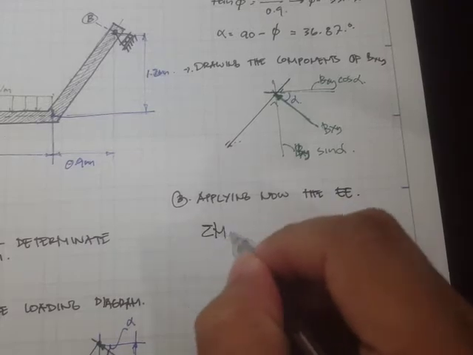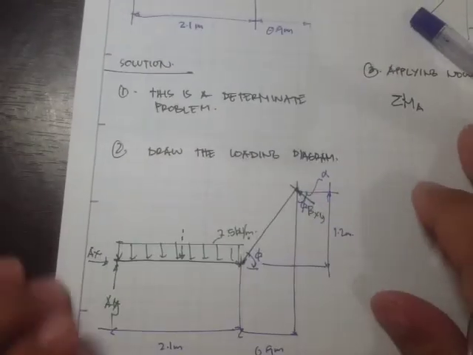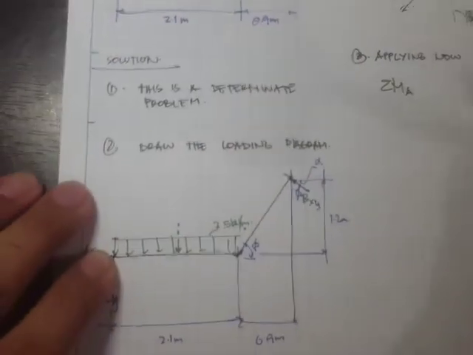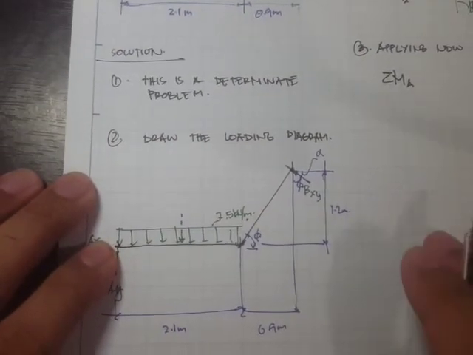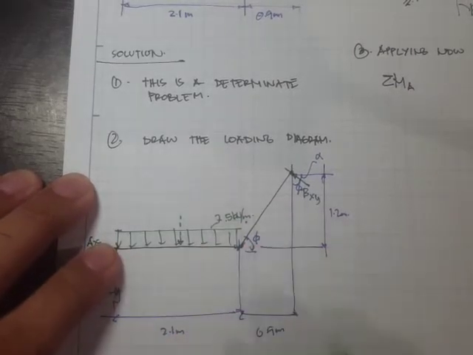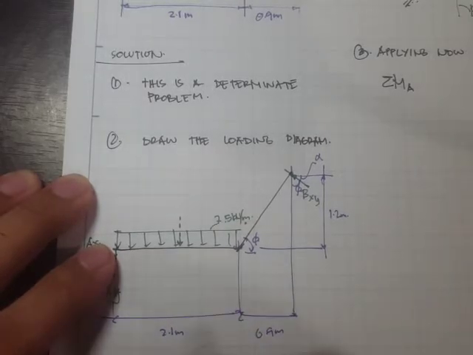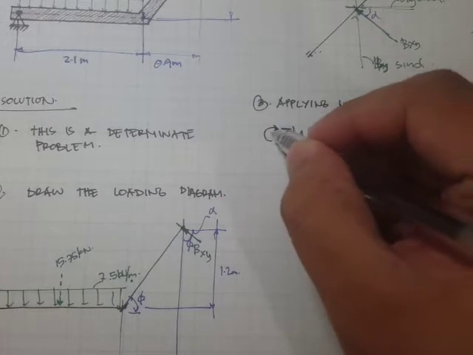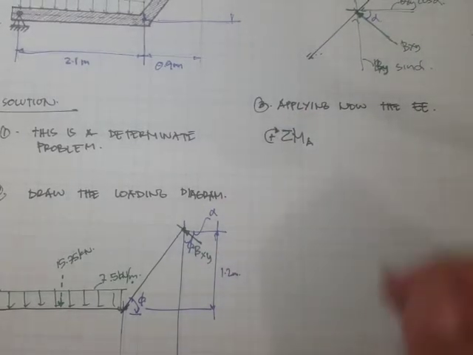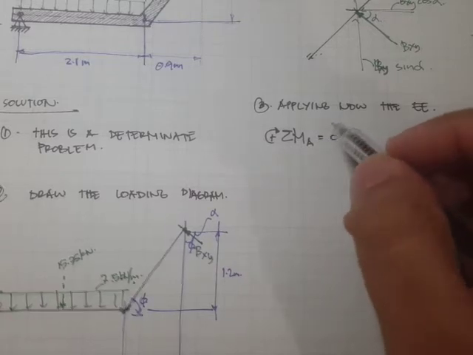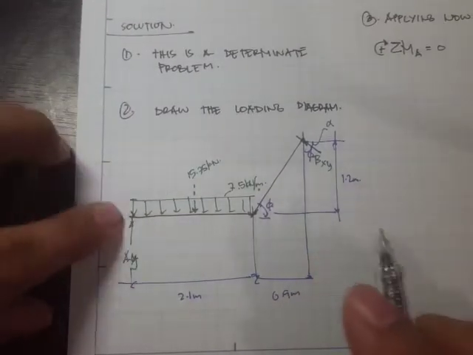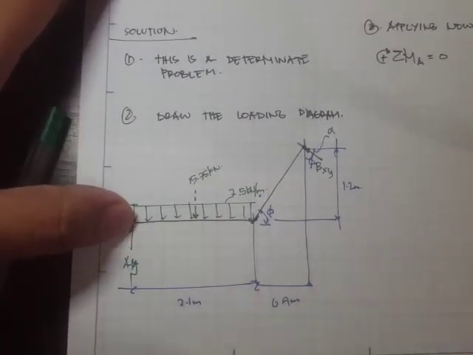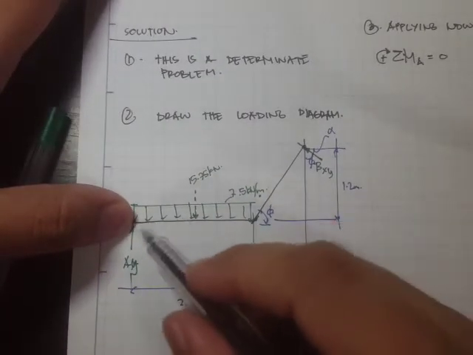Let's first take the summation of moment at A. If you take moments at A, this one is 7.5 times 2.1, which gives a value of 15.75 kilonewtons. Summation of moment at A, with clockwise direction positive, is equal to 0. This is my center of moment.